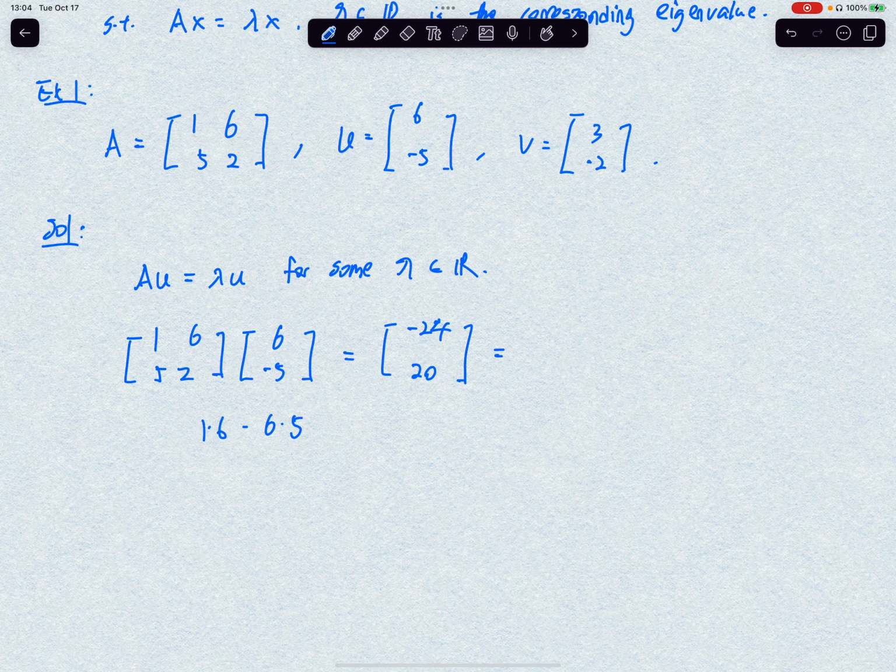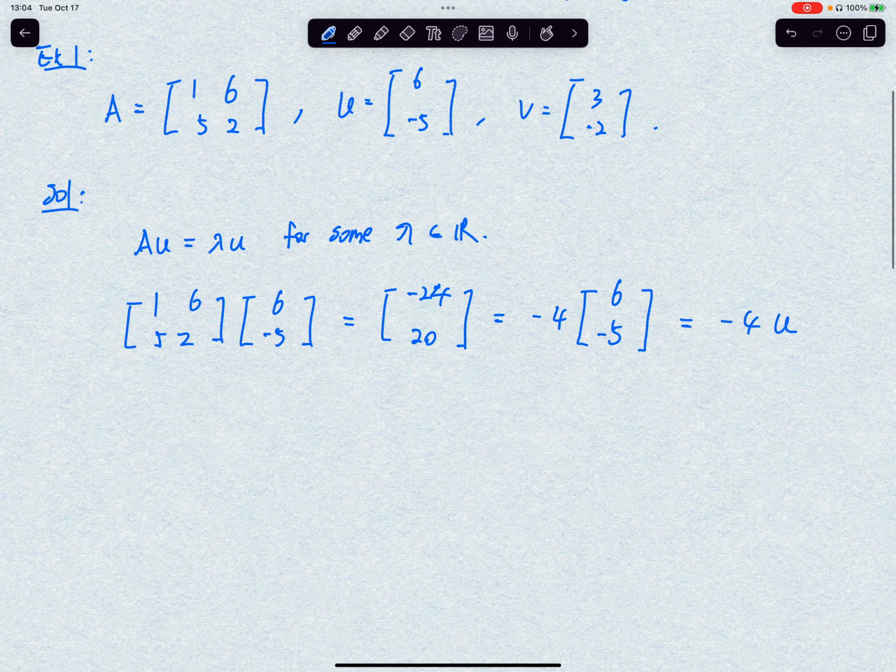And this equals, if we factor out a minus 4, we have inside (6, -5). So that is minus 4 u. That satisfies the definition of being an eigenvector. So u is an eigenvector of A.